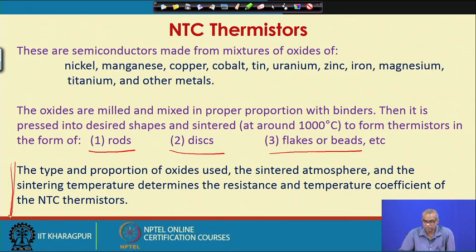One is the resistance of the element and the other the temperature coefficient, and you can have a control on these two variables by changing the proportions of oxides, sintering atmosphere and the sintering temperature.